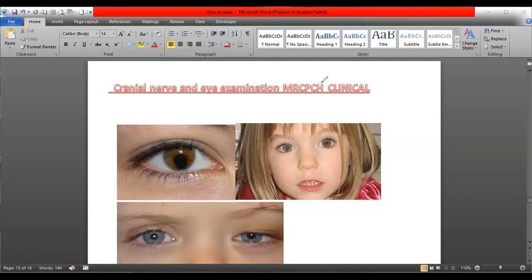So we need to look at the family. In clinical stations, for every station, we need to be very careful about the parent.